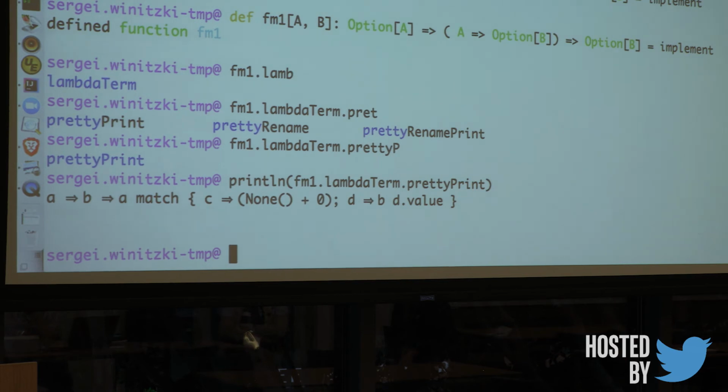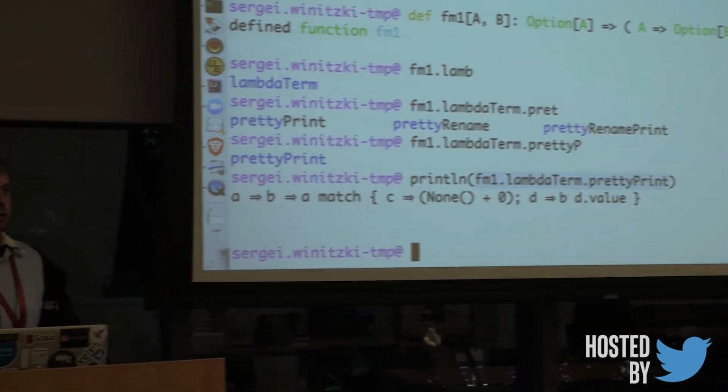And this is basically a utility. So this fm1, actually, it looks like a function. But actually, it is a subclass of function secretly that has this lambda term property. So actually, I put the symbolic lambda term right there next to the compiled function code.